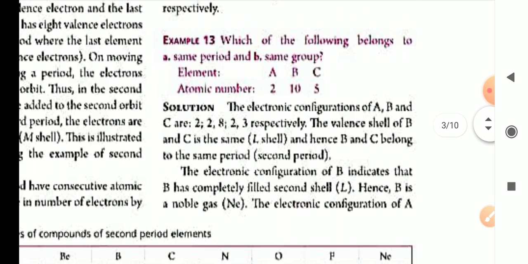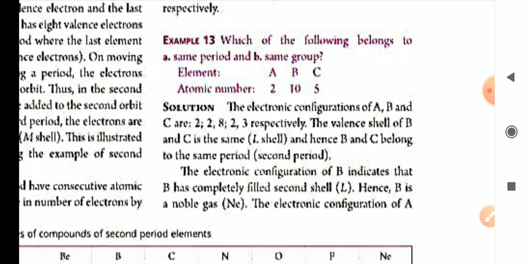Which of the following belongs to the same period and same group? Elements A, B, C are given. Element A has atomic number 2, B has atomic number 10, C has atomic number 5. So A has 2 electrons in the outermost shell. B's configuration is 2,8, C's configuration is 2,3.